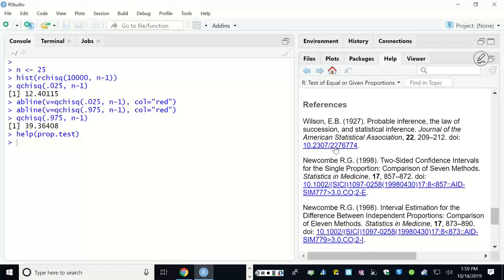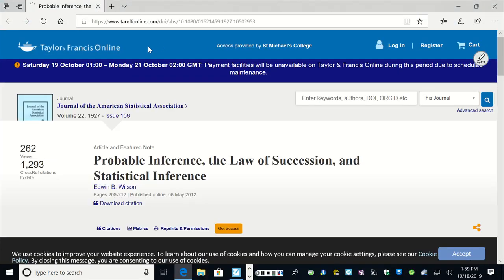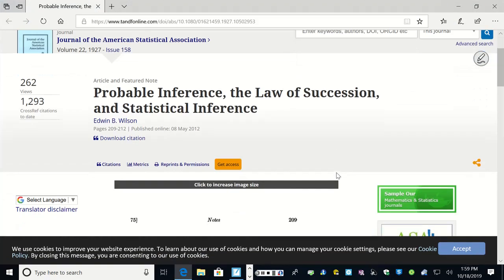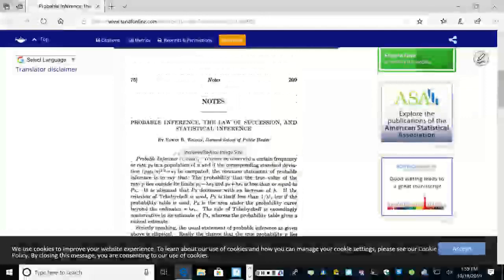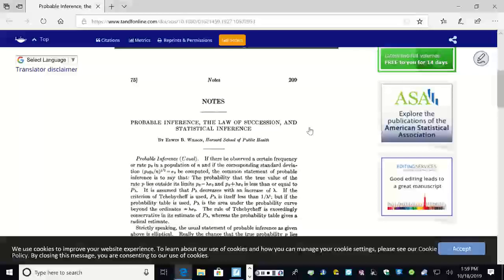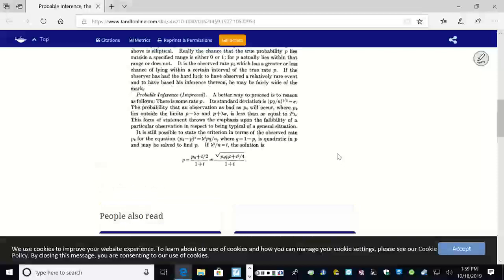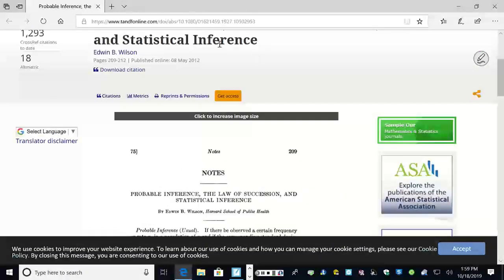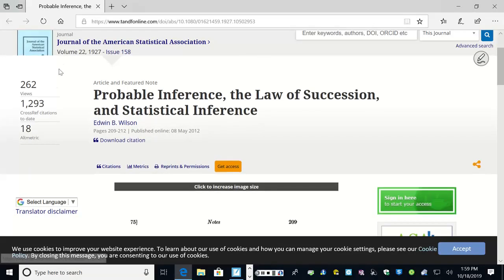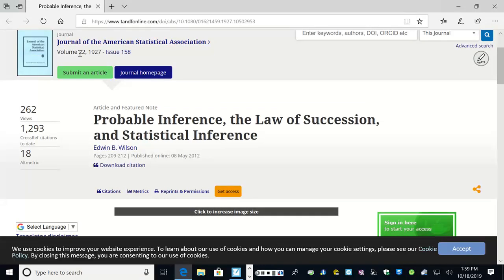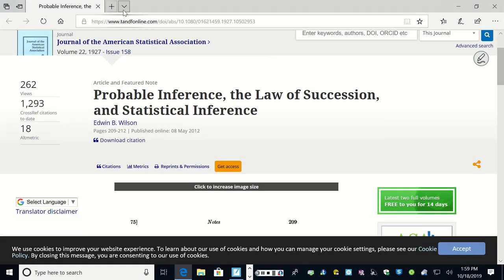You can click on it, and Taylor and Francis publishes with the American Statistical Association. Edward Wilson was at Harvard School of Public Health at the time, and it has a note. I don't see the whole thing there, but I can get the citation, Journal of the American Statistical Association, volume 22, issue 158.